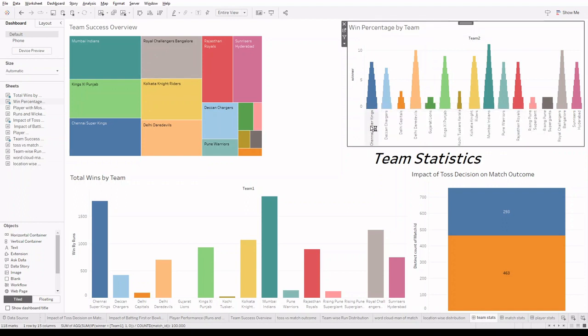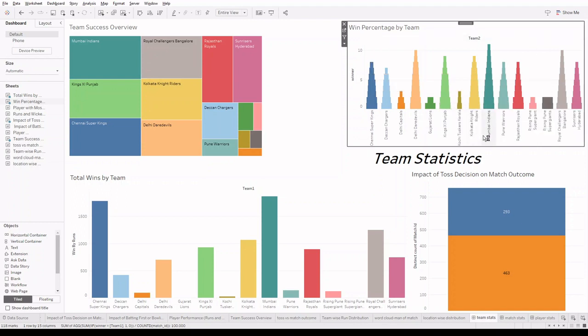Here Chennai Super Kings is playing the match. If Chennai Super Kings plays Sunrisers Hyderabad, the win percentage is nearly 0 to 2%, which is not much. But if it plays Deccan Chargers, it's going to win mostly, up to 70 to 80%.